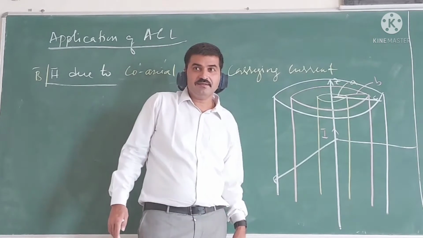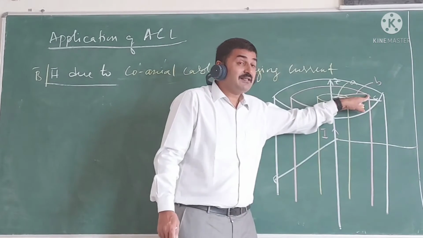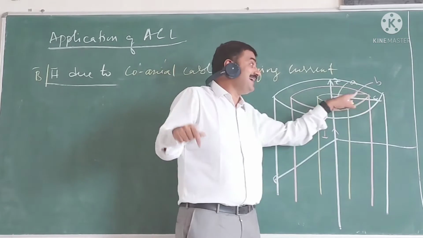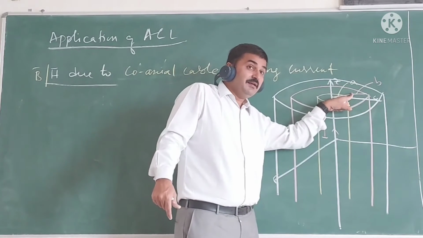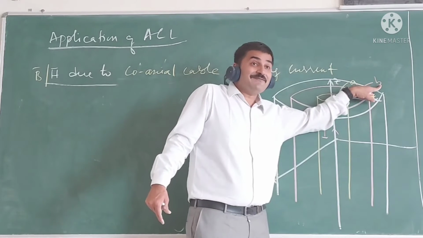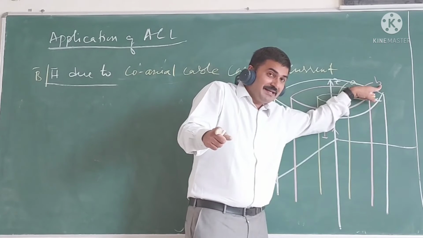Okay? Are you getting? The outer conductor's inner surface radius is B, and the outer surface radius is C. Have you taken it?